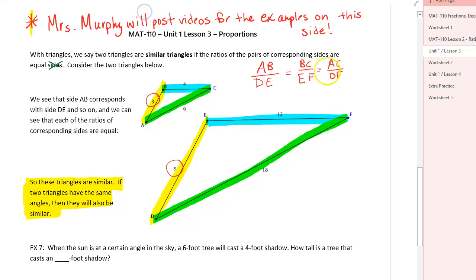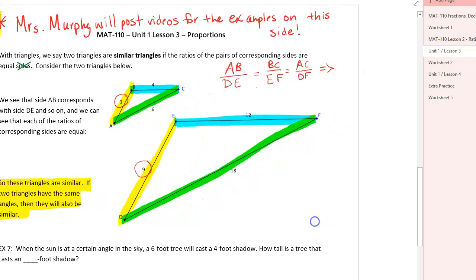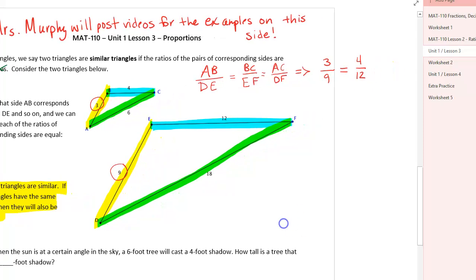So if we plug in the numbers, we have AB, which is 3, to DE, which is 9, and we want to see if they're similar. That should be equal to BC, which is 4, to EF, which is 12. And then finally, AC, which is 6, to DF, which is 18.